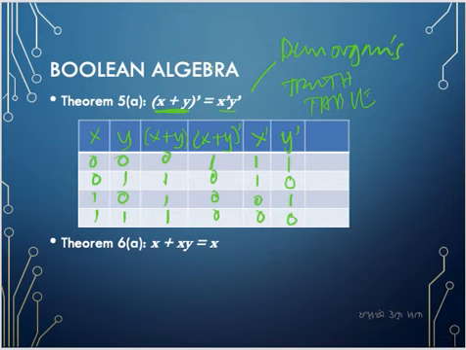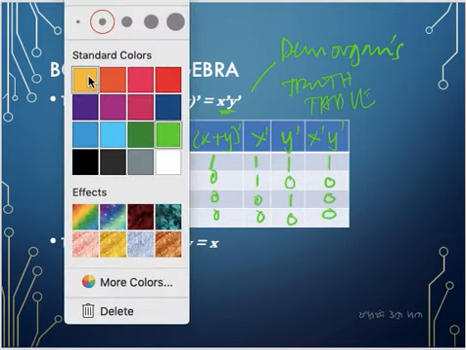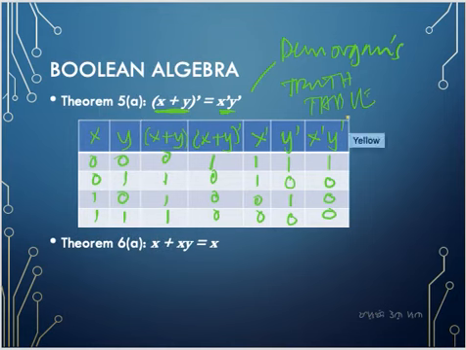Na-invert ko na. Dito, naka-and yung dalawa, x prime, y prime. I-and ko lang itong dalawang to. 1 and 1 is equal to 1. 1 and 0 is equal to 0. 0 and 1 is equal to 0 pa rin. And 0 and 0 is equal to 0. Tingnan nyo itong part na to. Tapos, ito.